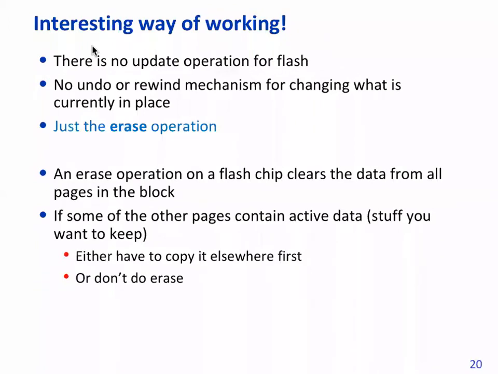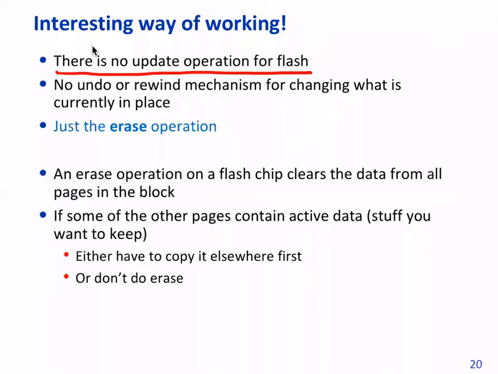Okay, so now from this you can find out this is really interesting, right? How does it work? You cannot do any update operation on a flash location. Like in a RAM, you may want to change an addressable unit, which is a byte in most cases, but here you cannot change just one byte.